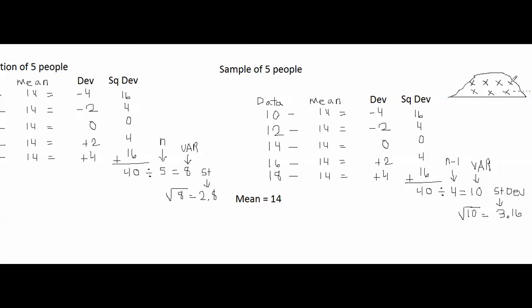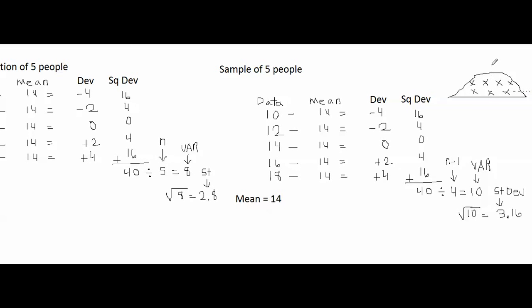And if your sample doesn't include enough of the extreme people down here or enough of the extreme people out here, then your sample doesn't really represent the true spread of the population. Your sample ends up having less spread than the entire population does.